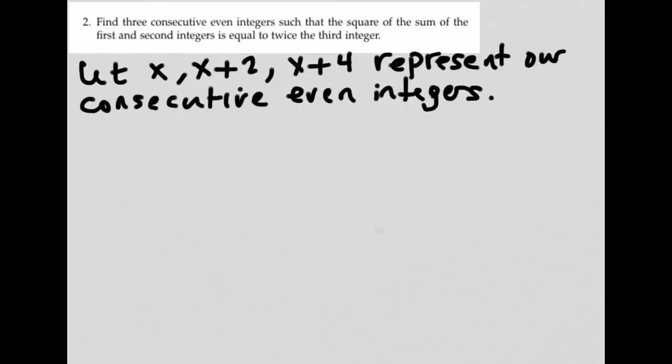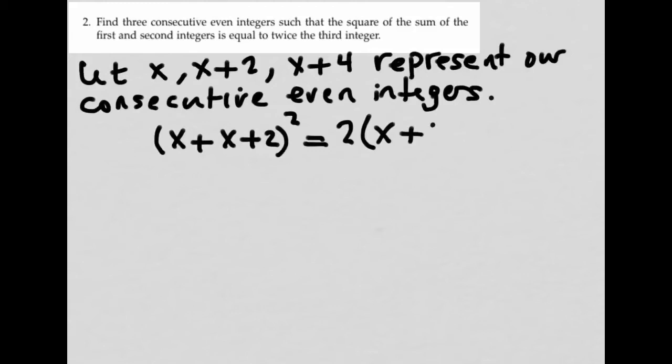Now let's analyze the conditions of the problem. The square of the sum of the first and second integers, so the sum of the first and second would be x plus x plus 2, and the square of the sum is equal to twice the third integer, so 2 times x plus 4. So this is the condition of the problem.